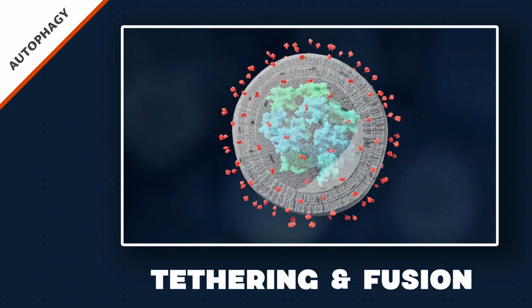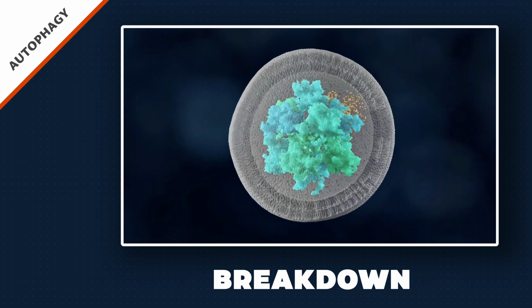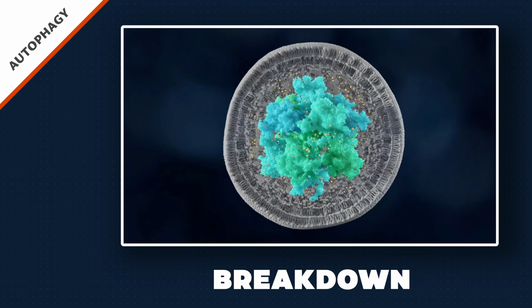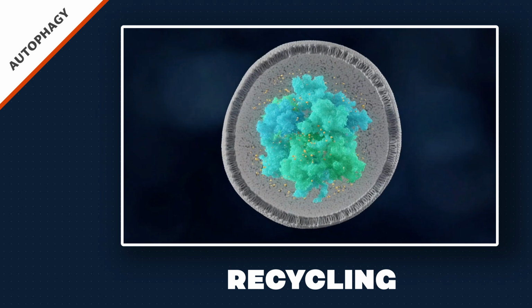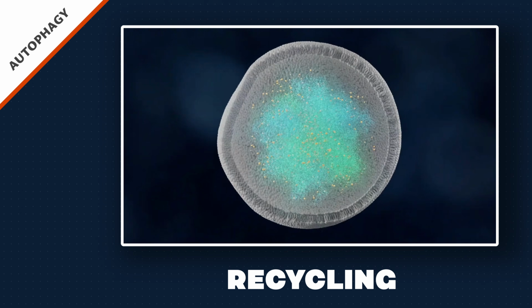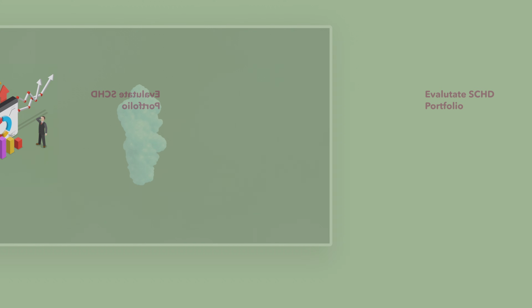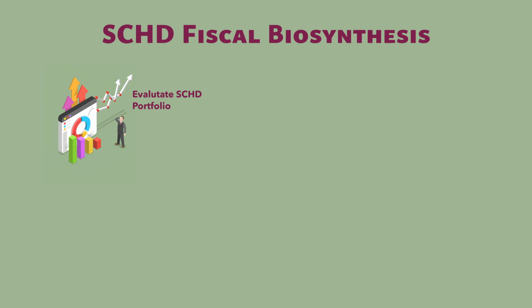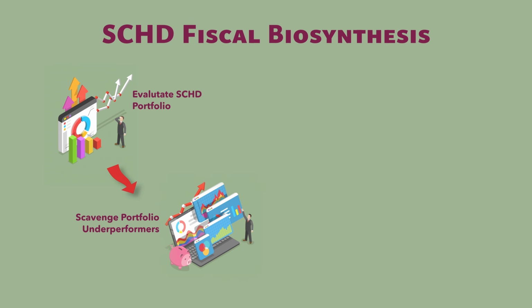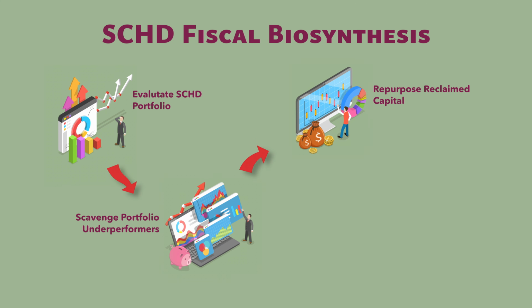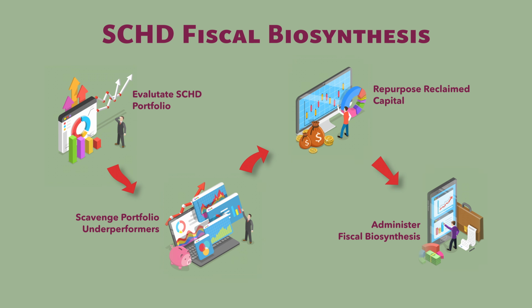Just as biological autophagy will scavenge damaged and dysfunctional cellular components, dismantle them, and then recycle the gathered material to repair cells that invigorate the host body, SCHD will do the same with its member stocks. It'll scavenge companies with declining dividends or fundamentals and then repurpose the capital for stronger, more viable assets. This fiscal biosynthesis ensures the fund remains adaptable to current market conditions and maintains relevancy.